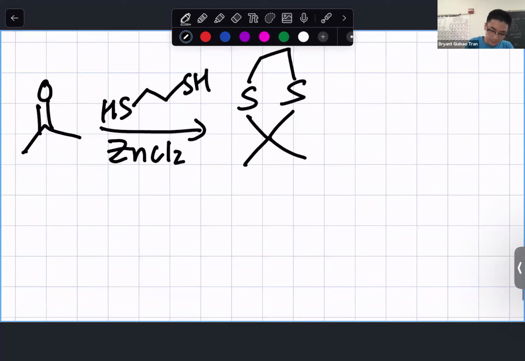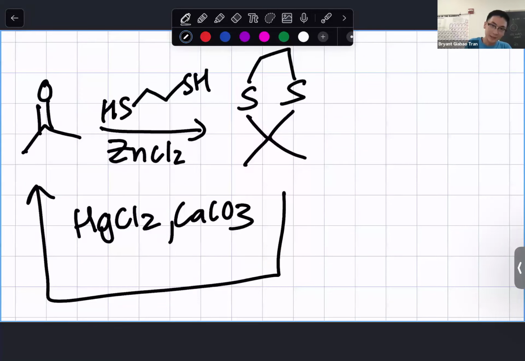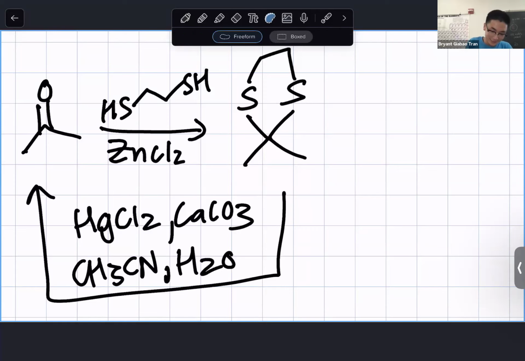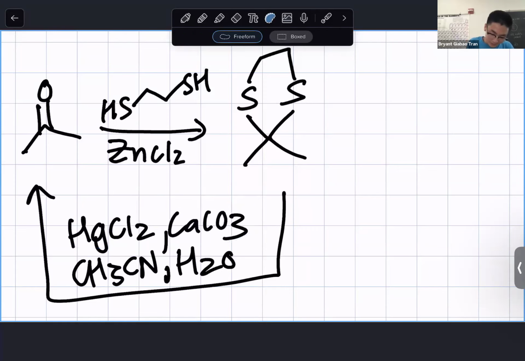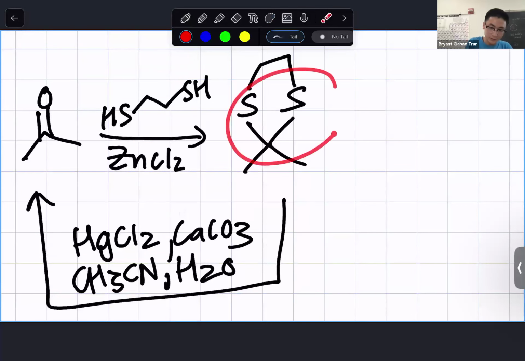And then to go back to deprotect that, it's weird. It's like a chemical soup, like mercury chloride, CaCO3, CH3CN, H2O. Don't worry about the mechanism. I don't think it's going to be covered. Right. So you could use this protecting group as well.